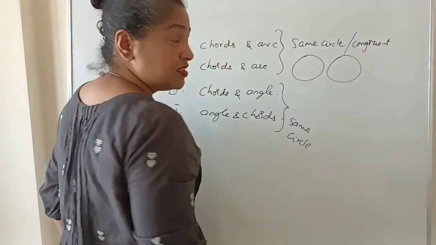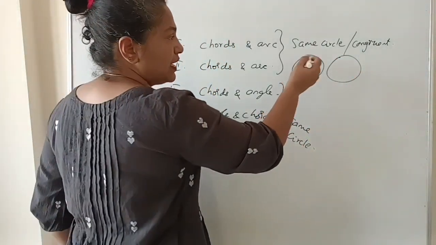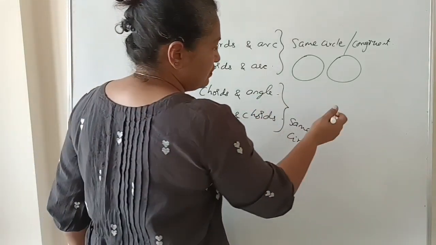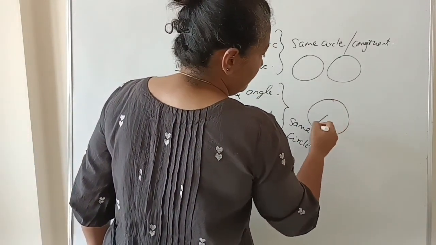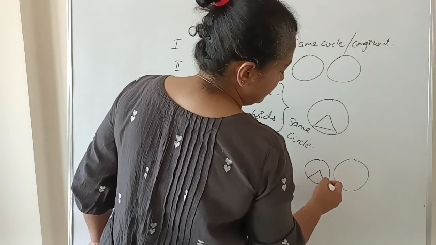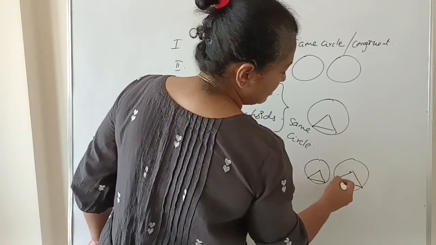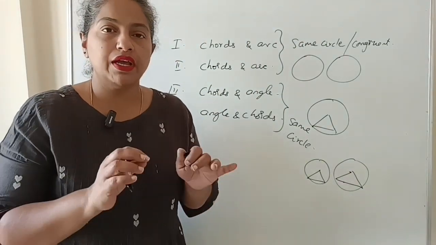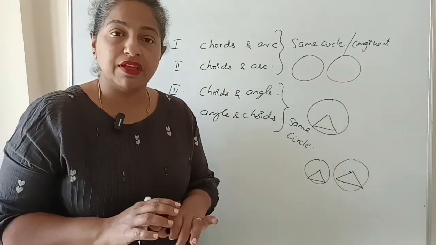We had taken two different circles and then drawn the diagram. You could draw it in the same circle itself, which we did for this one. So this can be extended to two circles as well by taking two chords of equal length like this. Now I hope that these four theorems are very clear to you.